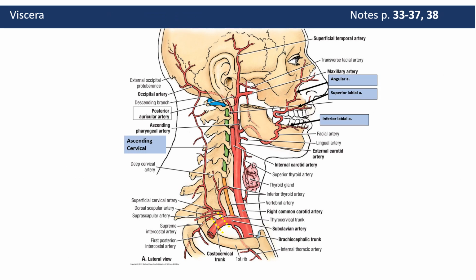The subclavian artery can be divided into 3 parts. Coming off of the first part, we have the vertebral artery. Immediately behind the origin of that, you can find the stellate ganglia from the sympathetic trunk.